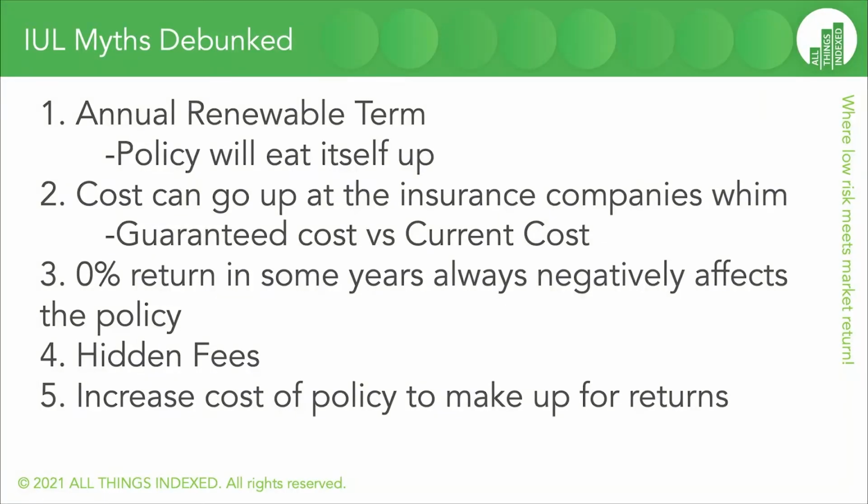Is the last one here. It's kind of just the idea that as policy costs increase, it really reduces your return because there's more policy costs. Well, sometimes we can get lost or confused when we're just looking at percentages and not looking at the dollars in our account, right? If on the back end my policy costs are up, but I have $100,000 or $200,000 or $1 million in my policy, right?